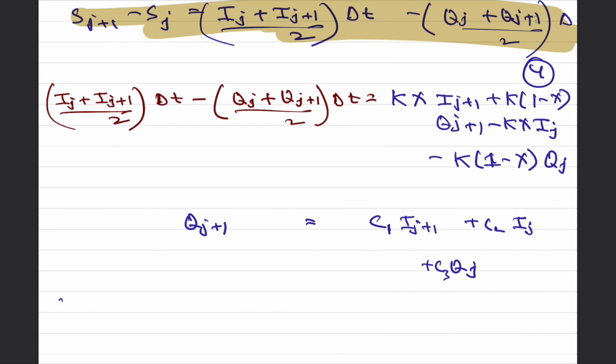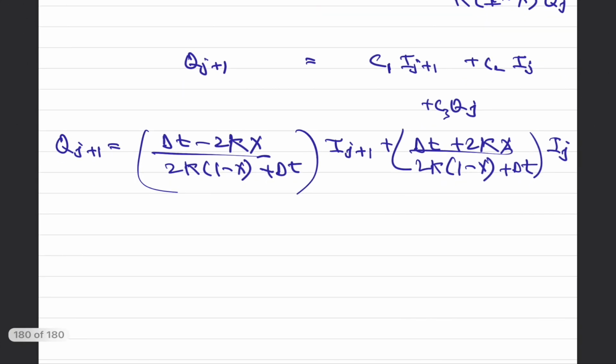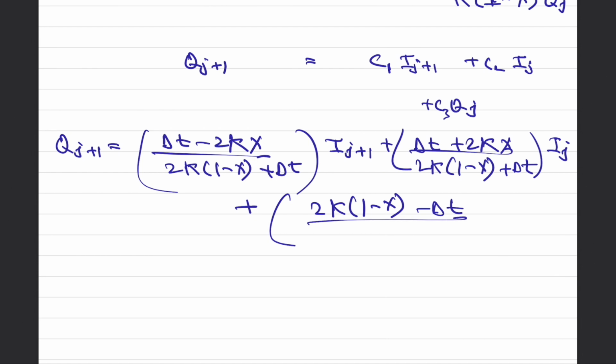And when we do that, our coefficients look like this: C1 is delta T minus 2Kx divided by 2K 1 minus x plus delta T, multiplied by Ij plus 1, plus delta T plus 2Kx divided by 2K 1 minus x plus delta T times Ij, plus 2K 1 minus x minus delta T divided by 2K 1 minus x plus delta T into Qj.